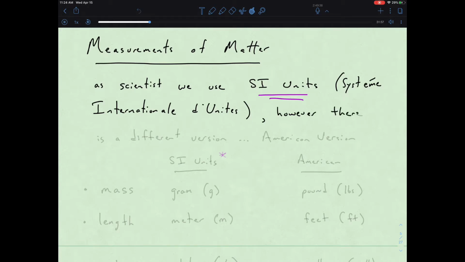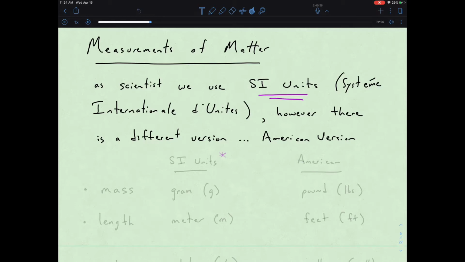However, there is a different version, which I would call more the American version. But we tend to be in our SI unit.